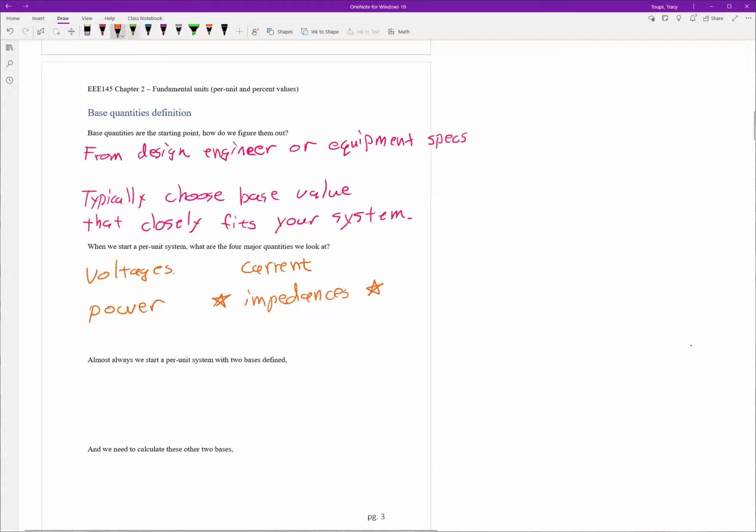Now, notice overall we have four quantities. So we need to somehow figure out these hard quantities, right? Because we have four things, we have to choose a starting point. So typically, power base is the starting point. So a power base is chosen first.